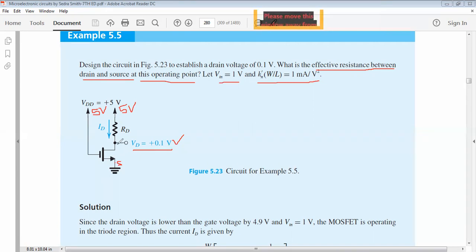And the given drain voltage is equal to 0.1 volt. Now in this problem, you have to determine the effective resistance between drain and source, right? So that is the given problem here.